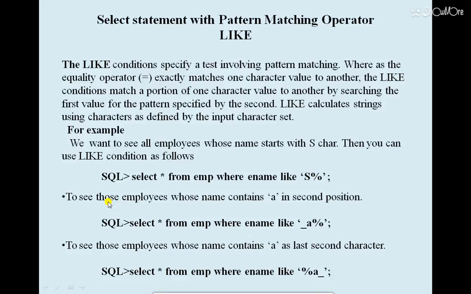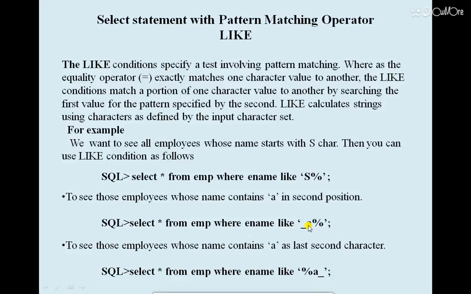In another example, suppose we want to display the names of employees whose name contains the letter A, but that A must be in the second position. For that the statement is: select star from EMP where ename like, and here I am using the underscore symbol, which substitutes a single character, because our query is that the name contains A at the second position.